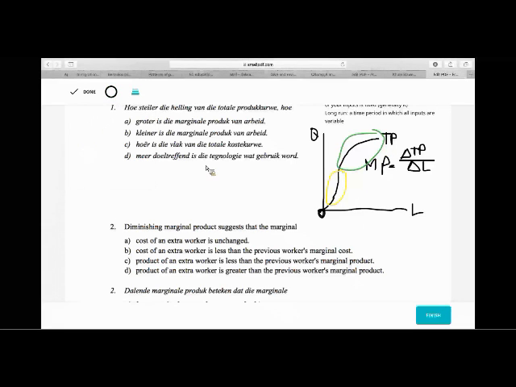So in terms of the marginal product curve, how it looks is initially your marginal product goes up because people are getting more productive, but then eventually you result in diminishing marginal product and your marginal product begins to fall. So that's how your marginal product curve looks. So you have labor on the x-axis and you have marginal product on the y-axis. Okay, so diminishing marginal product is this. As you employ more labor, marginal product begins to decline.